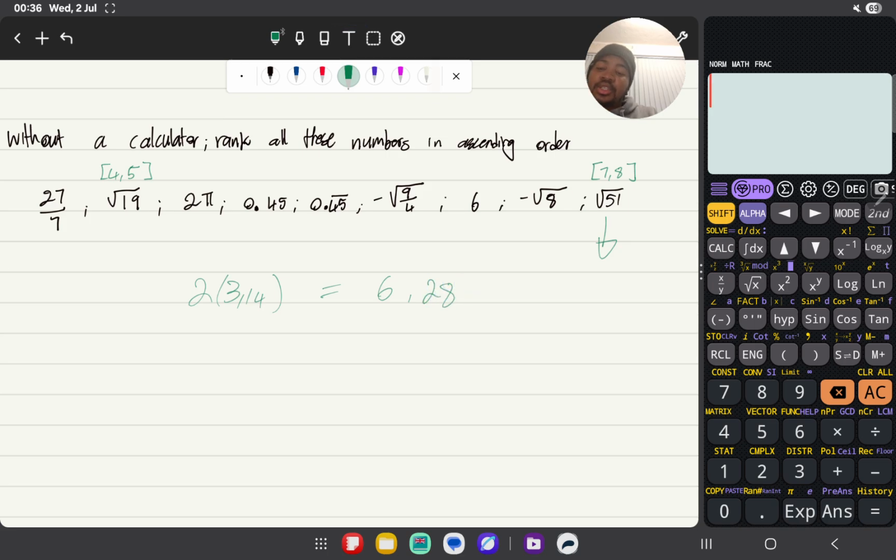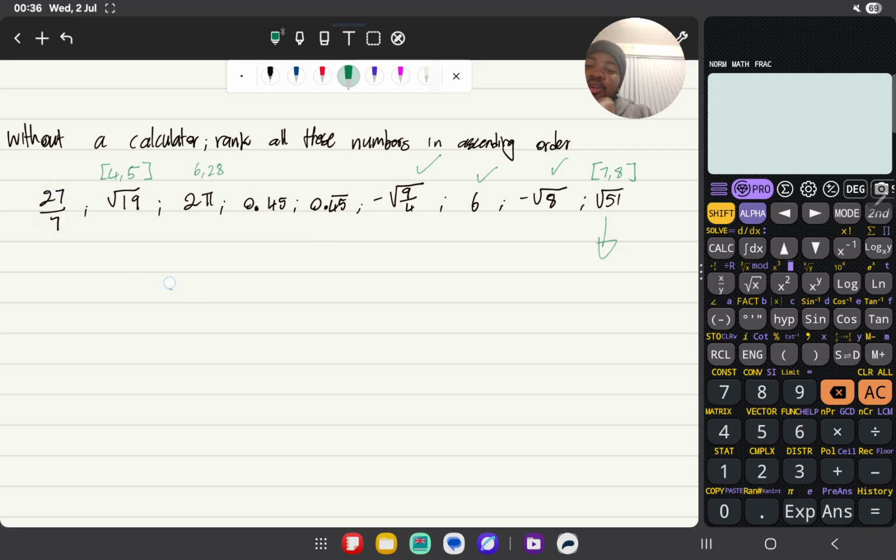So 6.28, you have the number there. I'm thinking we have 6 is fine. So this one is sorted, 6 is sorted. We're going to deal with these two. These ones will just be the last numbers.